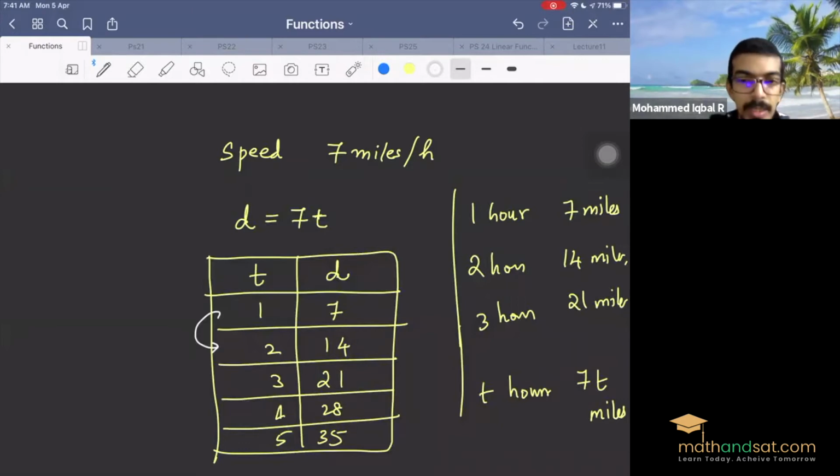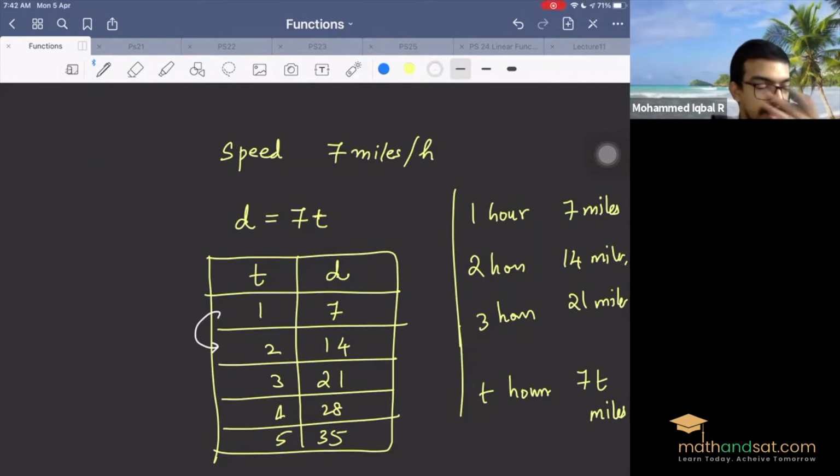In other words, it is the ratio of change in distance over change in time. When change in time is 1 unit, it is nothing but the change in distance.